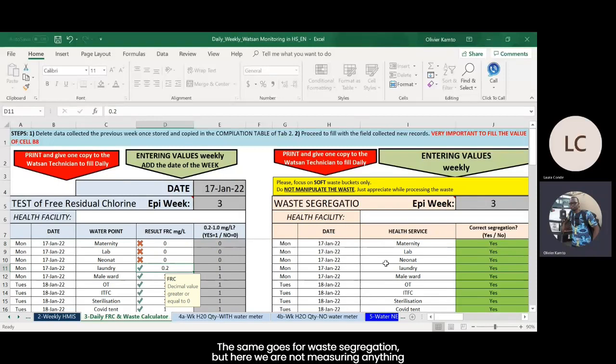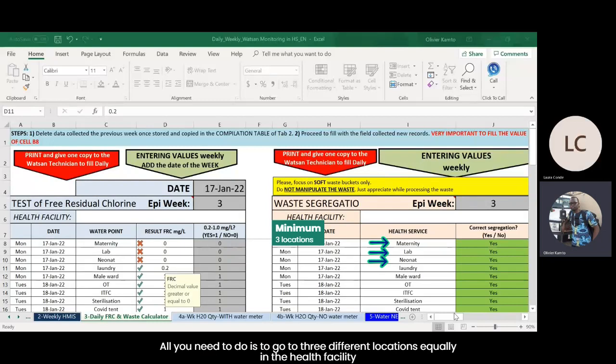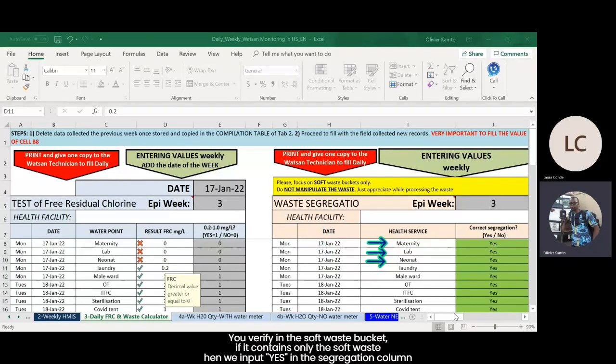But here we are not measuring anything. We are going to be controlling the quality of segregation in the soft waste bucket. Attention, you are not supposed to manipulate the waste in the soft waste bucket. All you need to do is to go to 3 different locations equally in the health facility. You verify in the soft waste bucket.